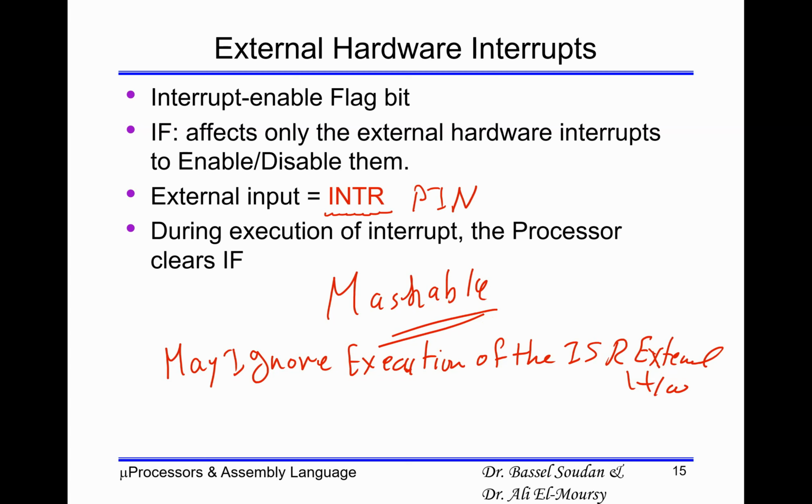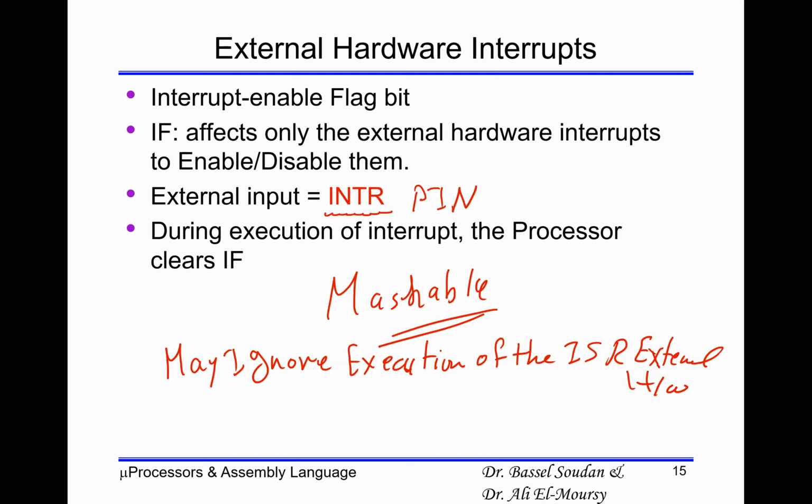We all experience that in our machines. Do you ever connect your USB flash into your machine and nothing happens? This happens to all of us, because the type of interrupt generated when you connect some external hardware to your machine is an external hardware interrupt.